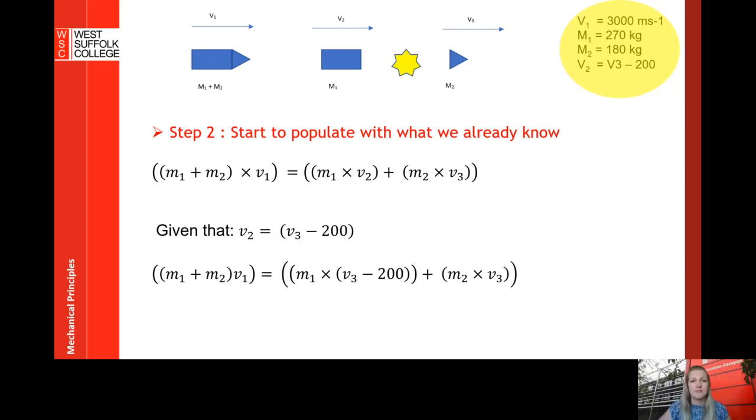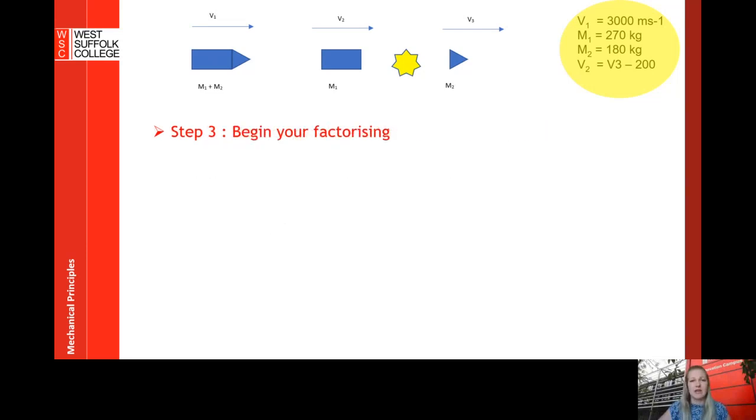So the way that we do that in step 3 is we can factorize that equation that we got previously. Nothing new here. And the way we're going to do that is we're going to look at my right hand side and factorize out M1.